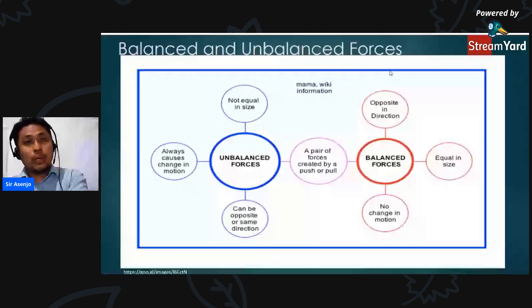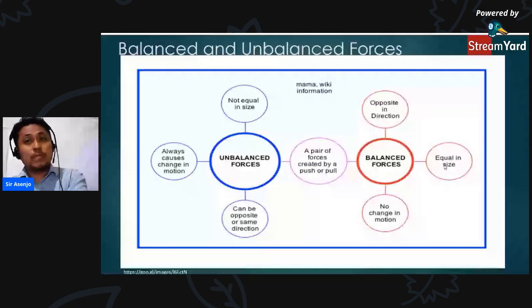Okay? Now, let's take a look at balanced forces. So when it comes to magnitude, it's equal in size. A balanced force is equal in size, an unbalanced force is not equal in size. When it comes to direction, the direction of the balanced forces should be opposite.